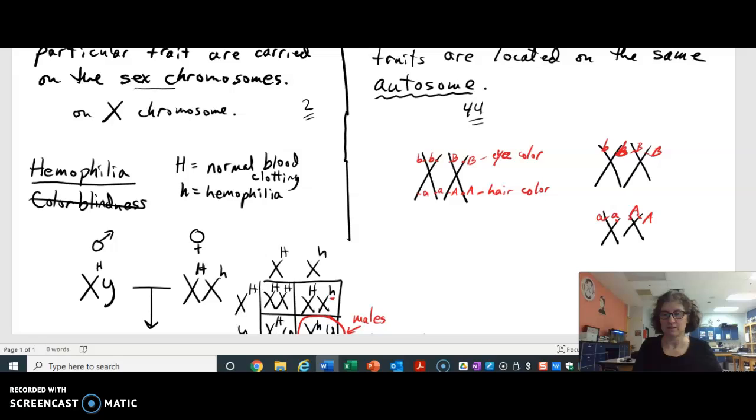So big A and big B are not necessarily going to be inherited together because these chromosomes might switch places and these might not. But over here, big A and big B are going to almost always be inherited together because they're stuck on the same chromosome. No matter whether these chromosomes switch places along the metaphase plate in late prophase 1, it might not matter because they're still stuck on the same chromosome.